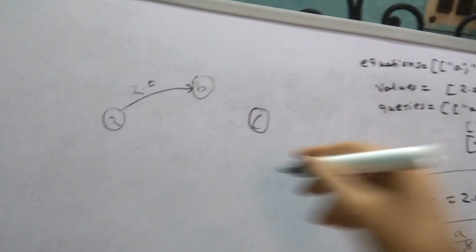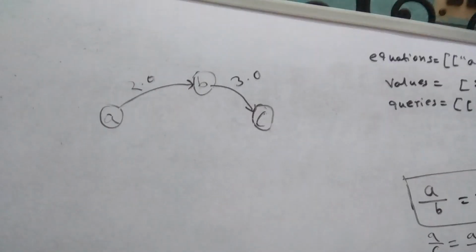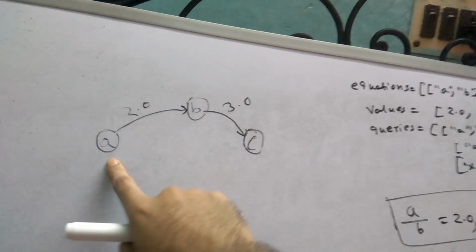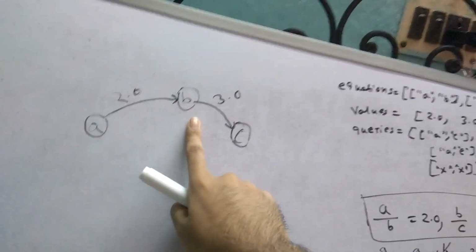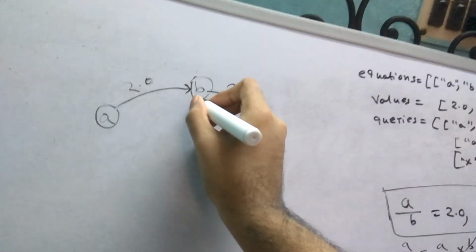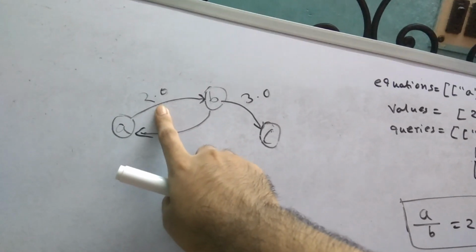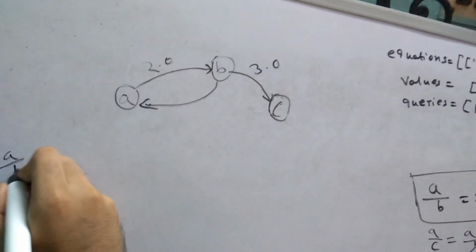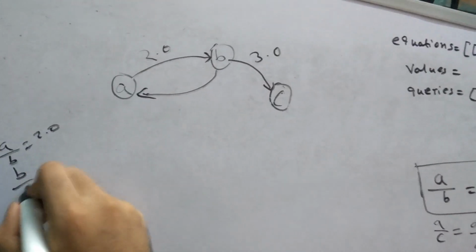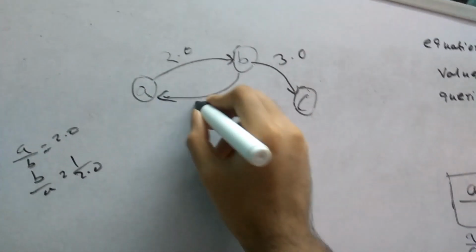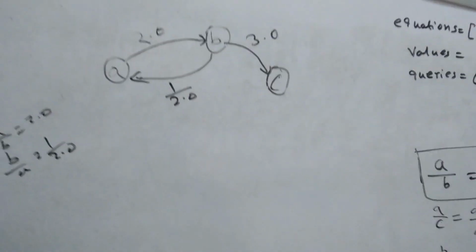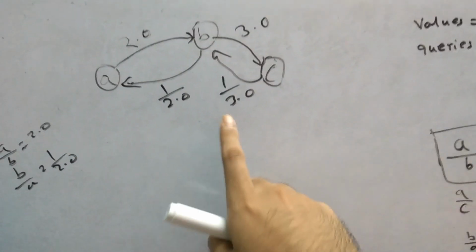Now from b to c there is a path, so there is an edge, and the value over here is 3.0. We also have to keep in mind that if there is a possible way to go from a to b, there has to be a possible way to come from b to a also. So here also we have to connect, and for this connection, whatever the value of a to b is, it will be the reciprocal of that, because a by b is 2.0, so from b to a it will be 1 by 2.0, and similarly it will be 1 by 3.0.